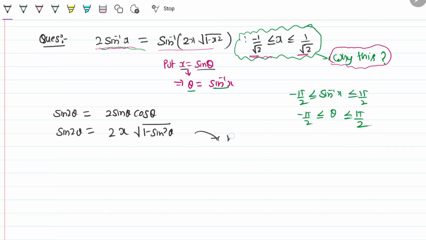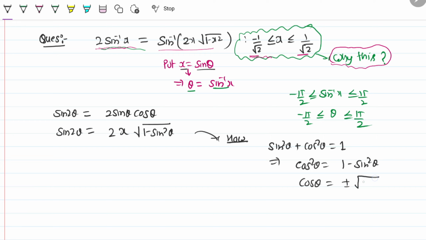How? Because you know sin square theta plus cos square theta equals 1. Then from here cos square theta is 1 minus sin square theta. Then cos theta is plus minus root over 1 minus sin square theta.